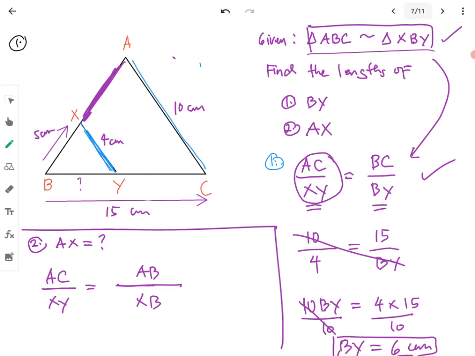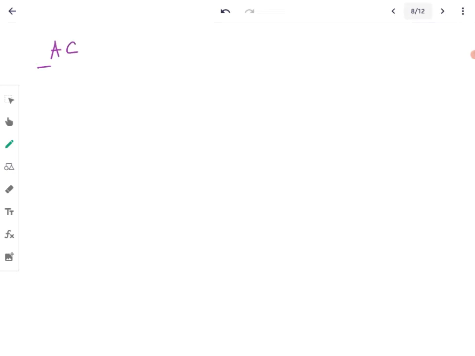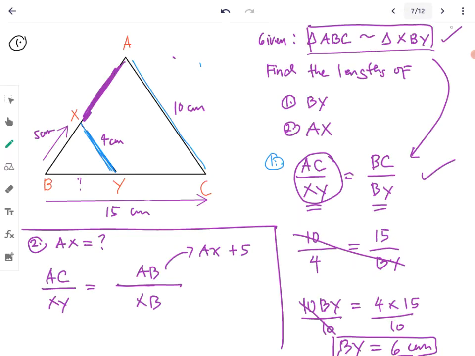So in this case, we can substitute AB as AX plus 5. So AB we can substitute with AX plus 5. Therefore we can find AX. So AC all over XY, that's AB all over XB.